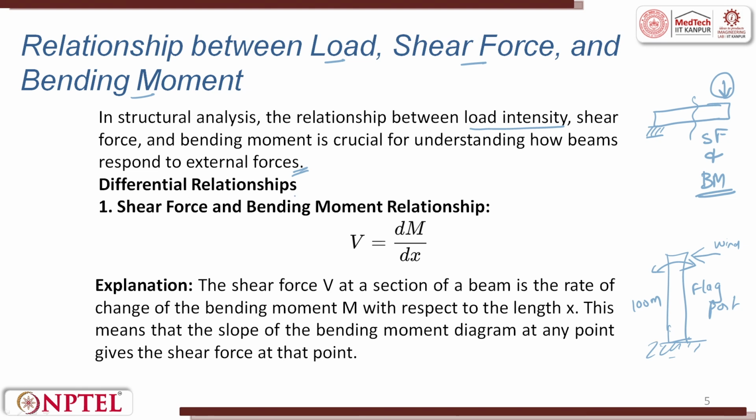So the differential relationship between shear force and bending moment is V = dM/dx, where V, the shear force at a cross section of the beam, is the rate of change of moment M with respect to the length x. This means that the slope of the bending moment diagram at any point gives the shear force at that point.